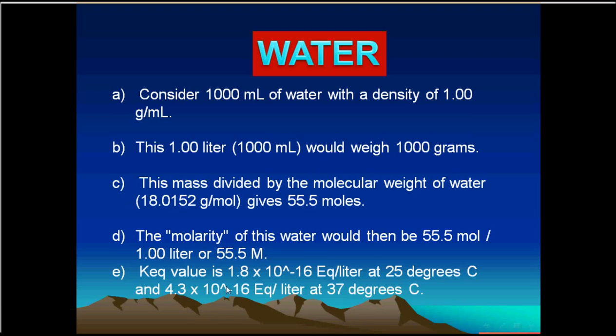When you come to the dissociation of water, part of this water, H2O, dissociates into hydrogen cation and hydroxyl anion. How much of this 55.5 moles dissociates to give us this anion and cation?